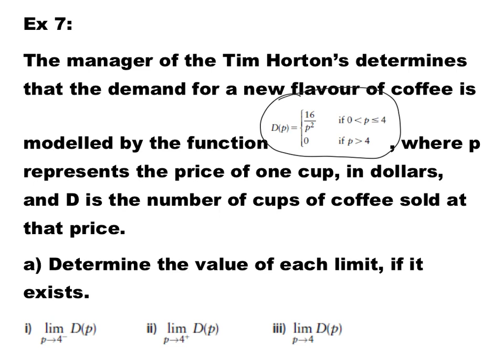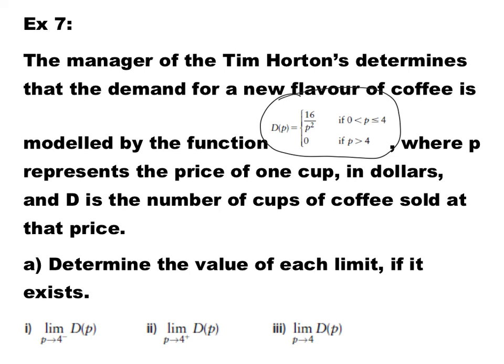If the price is between 0 and 4 inclusively, then the number of coffee sold is 16 over p squared, and if the price is greater than 4, the number of coffee sold is 0.